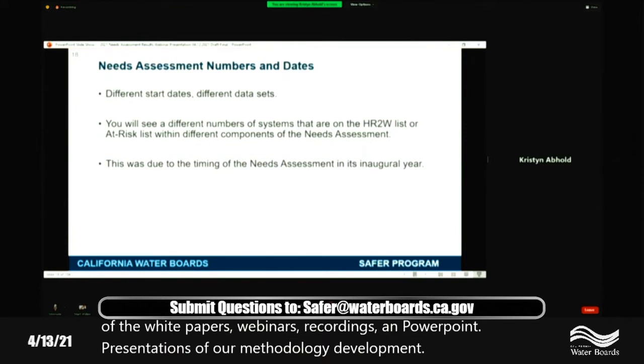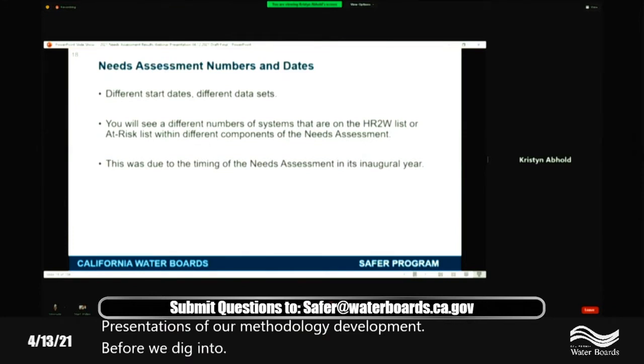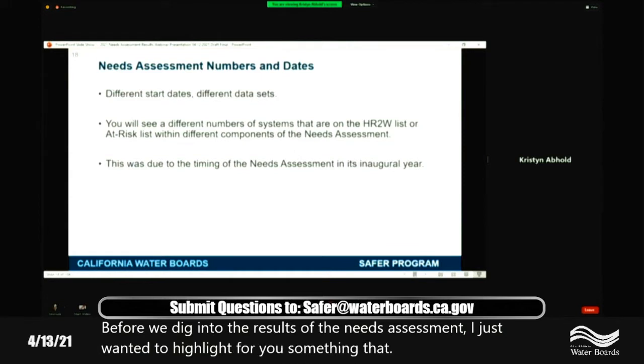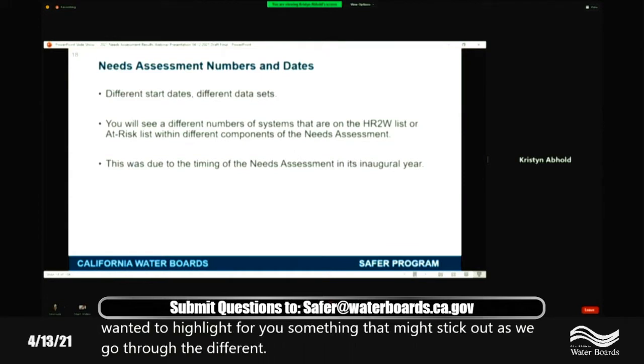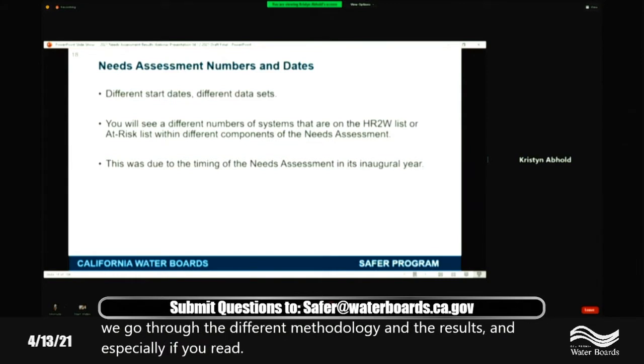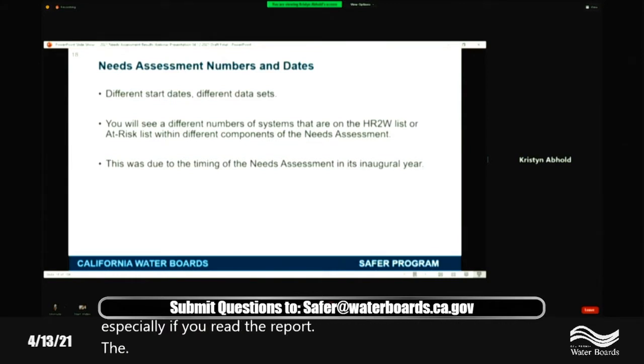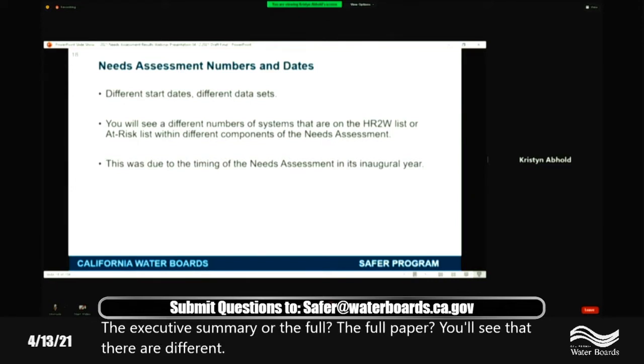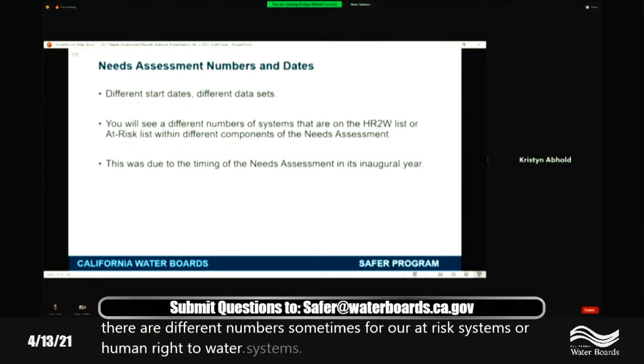Before we dig into the results of the needs assessment, I just wanted to highlight something that might stick out as we go through the different methodologies and the results, especially if you read the report, the executive summary, or the full paper. You'll see that there are different numbers sometimes for our at-risk systems or human right to water systems, the inventory of systems that we looked at for the different assessments.